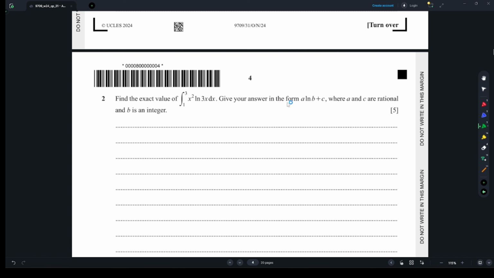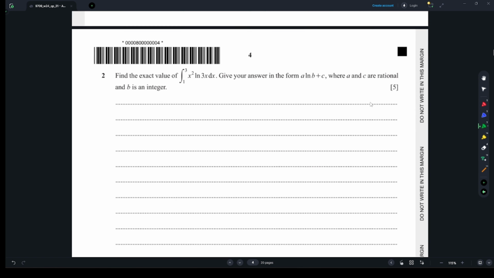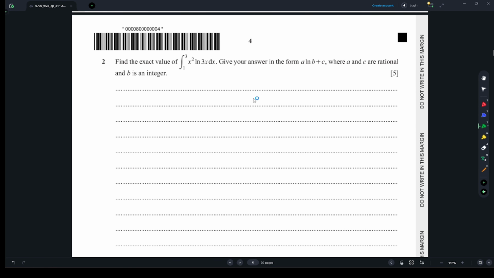Give your answer in the form a ln b plus c, where a and c are rational and b is an integer. Okay, so when you see this one, you should remember what you should do, because here they don't tell you anything. They just gave you the integration question.